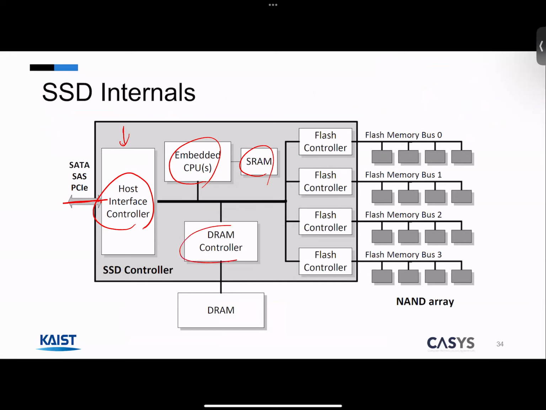There's a DRAM controller, connected to DRAM for DMA. And the flash controller performs the FTL, the flash translation layer, and puts several flash memory buses in parallel. Here blocks and pages are located in different channels. These are the SSD internals.